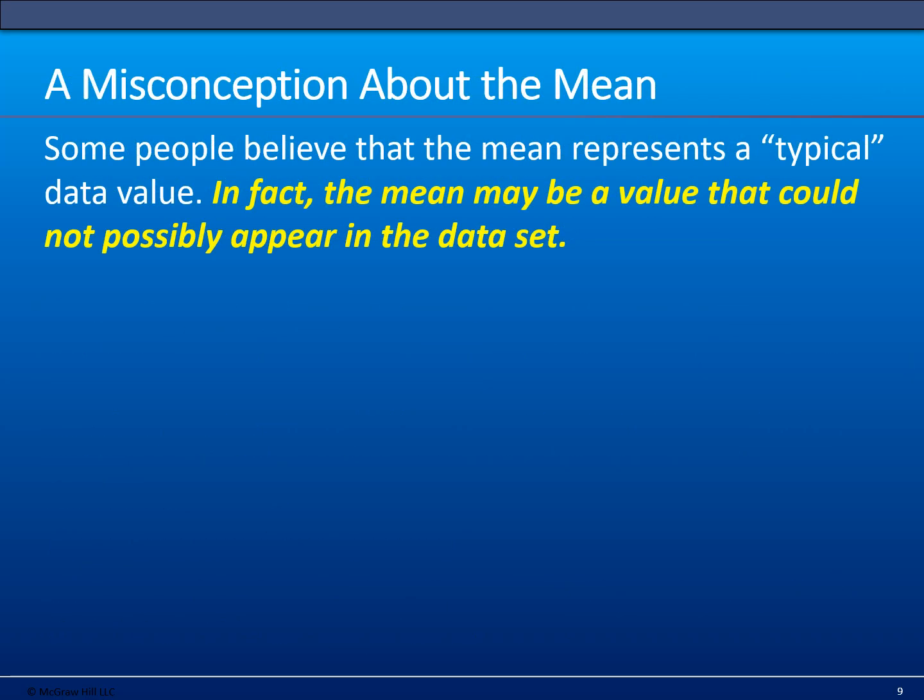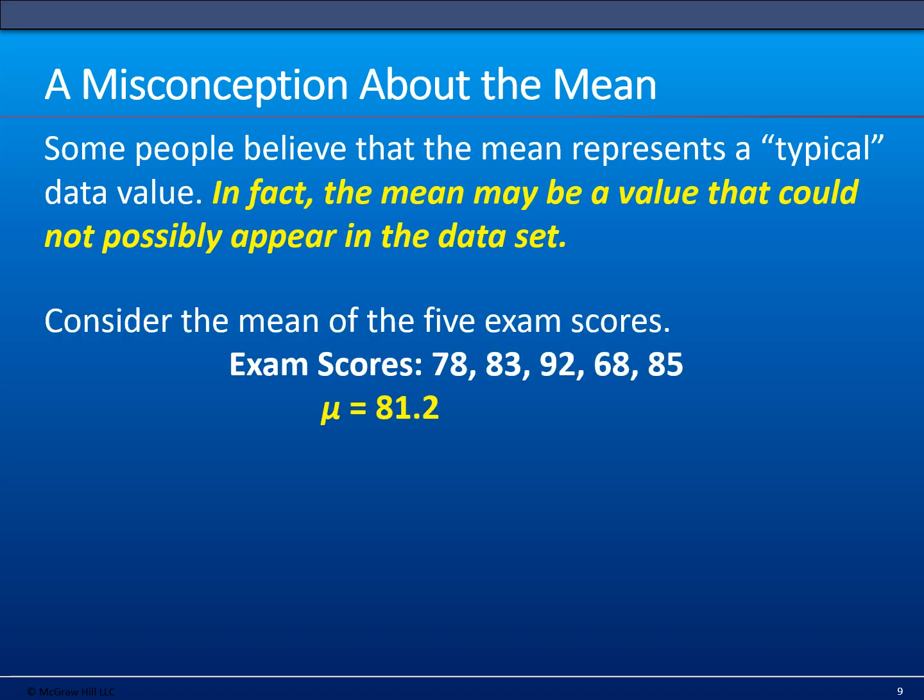There's a misconception about the mean. I don't know that this is true across the board, but some people think the mean has to be a value that could be a response given by a subject in a study. But remember, a mean is a calculation, so it could be a value that could not possibly appear in the data set.